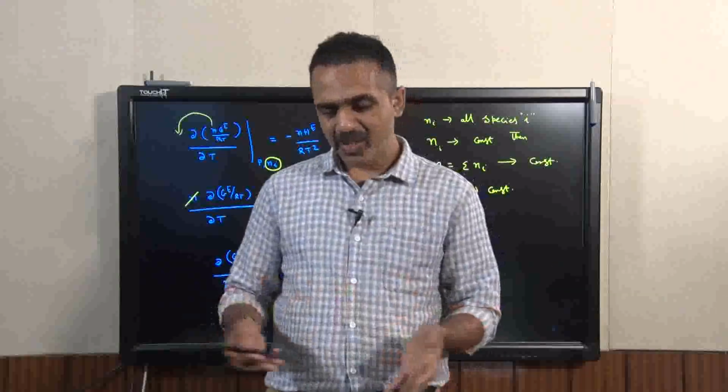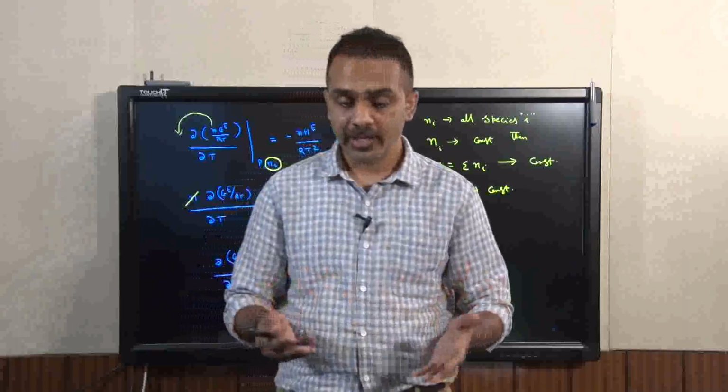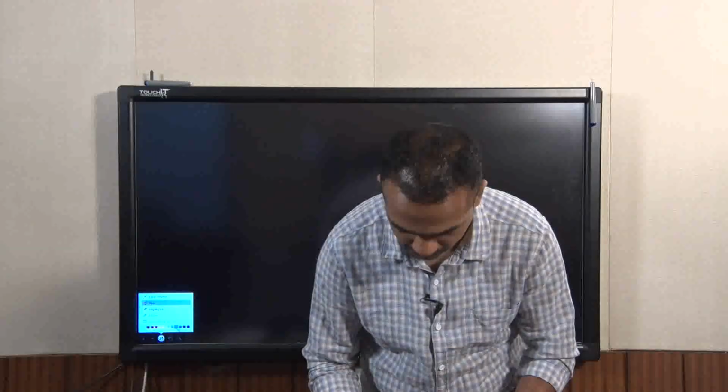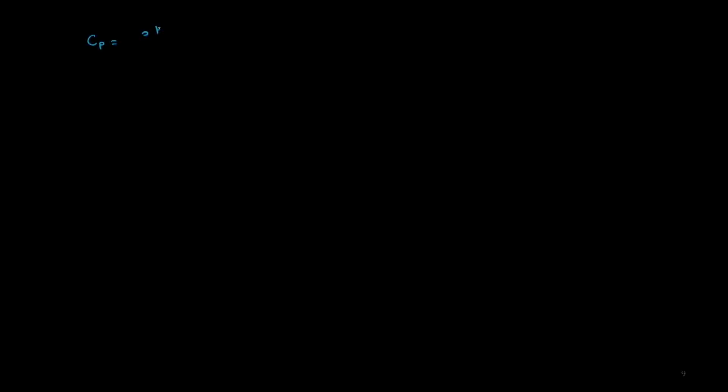Now, in addition to this, there are other auxiliary properties one can define in terms of excess properties, right? For example, if you recall, Cp was the derivative of H with respect to temperature at constant pressure, and in a multi-component mixture, not just pressure, even the mole fraction for that mixture needs to be held constant. This is the definition for the specific heat capacity Cp.